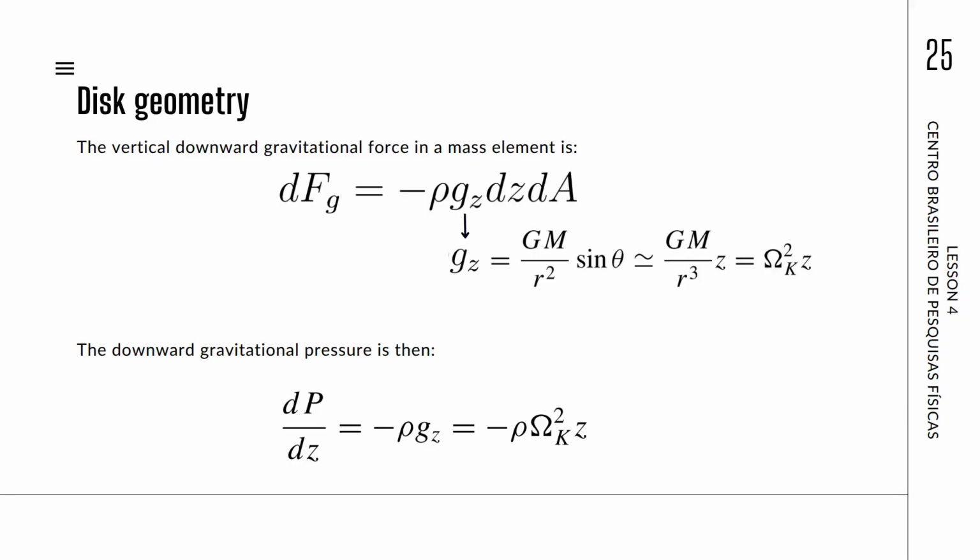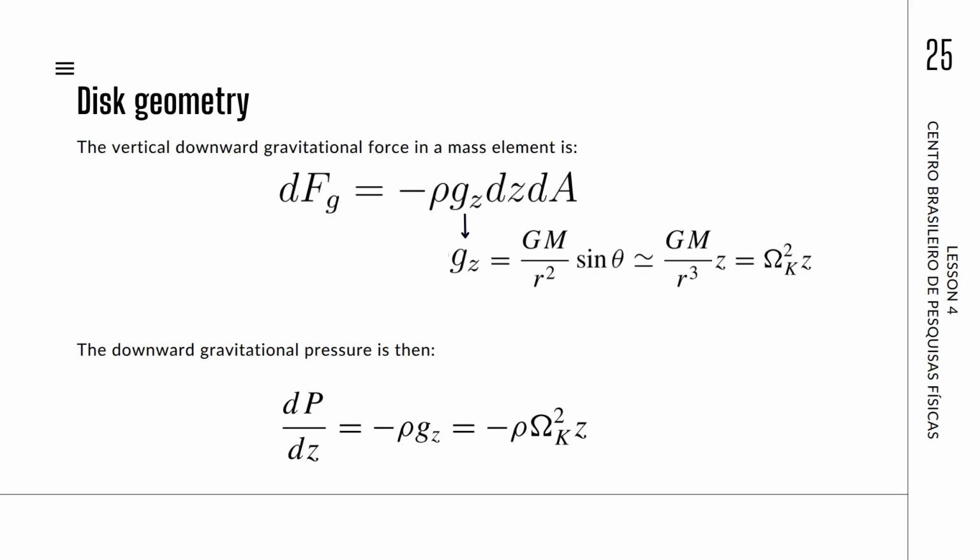The gravitational component in the disk z axis will be GM over r squared times the sine of theta. Okay, imagine the black hole is here, the disk is in this plane, so theta will be this angle here. However, theta can be written as the opposite side over the hypotenuse.